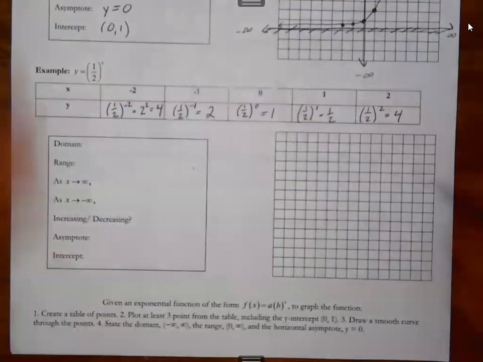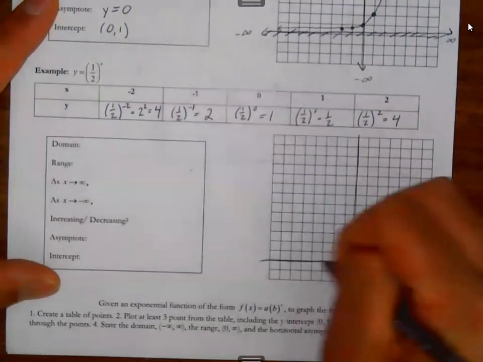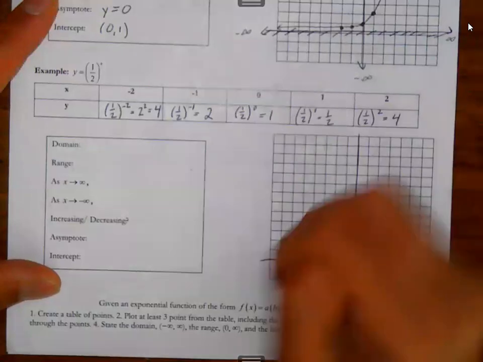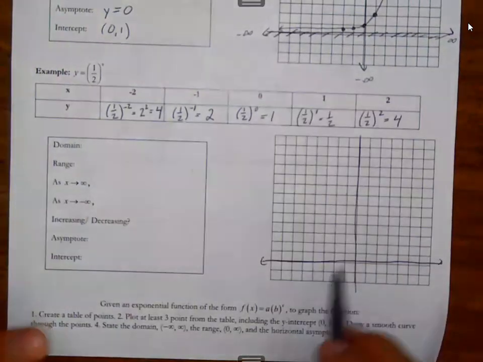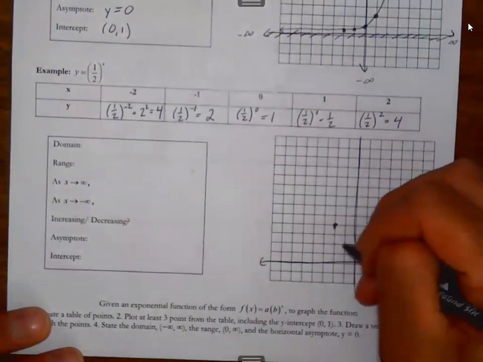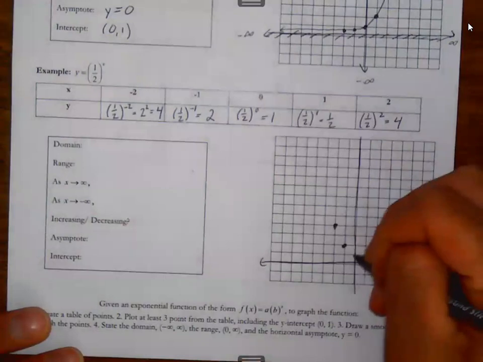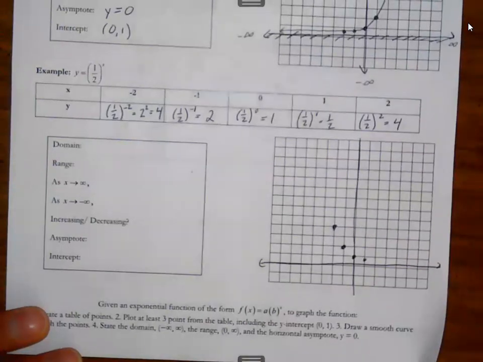All right, so now we'll plot those points. Since there are no negative y values, I will lower this x-axis and then plot these points: -2, 4; -1, 2; 0, 1; 1, 1/2. Oh my God, I'm an idiot.